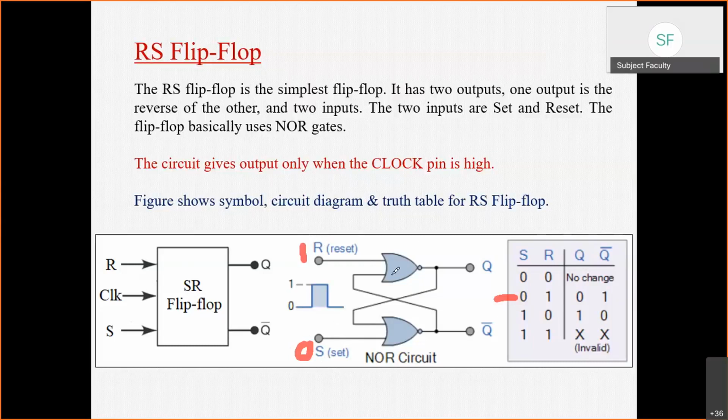Just now we have highlighted that for a NOR gate, whenever one of the inputs is 1, its output will be 0. To get a high output, both inputs should be at 0 level.